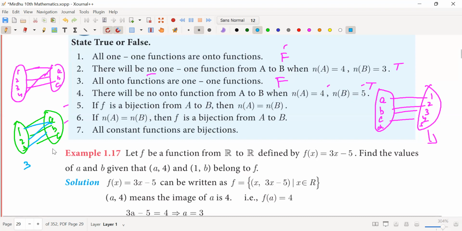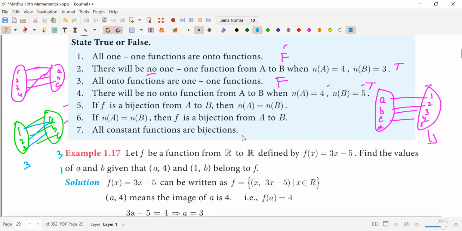Here n of A is 3, here n of B is 3. But the range is 1. If the range is equal to n of B, then definitely what you perceived in your mind is true. They didn't give that. That's where you have to be strong. If they give some extra data regarding it, well and good. If not, we can't proceed there at all.